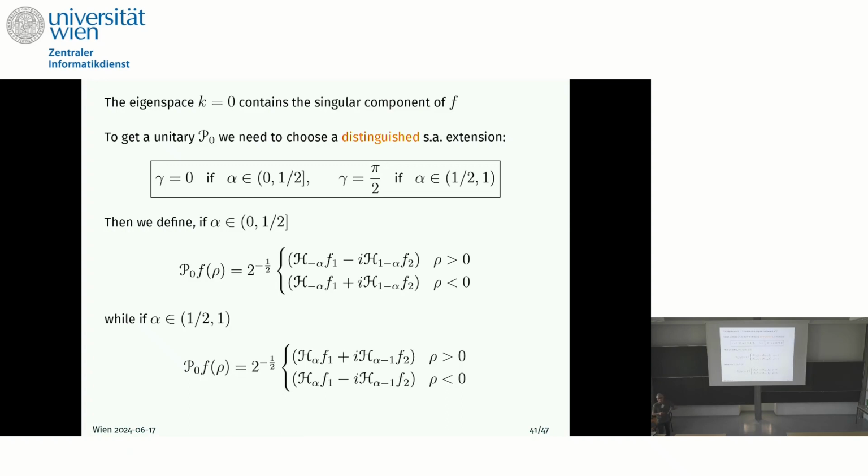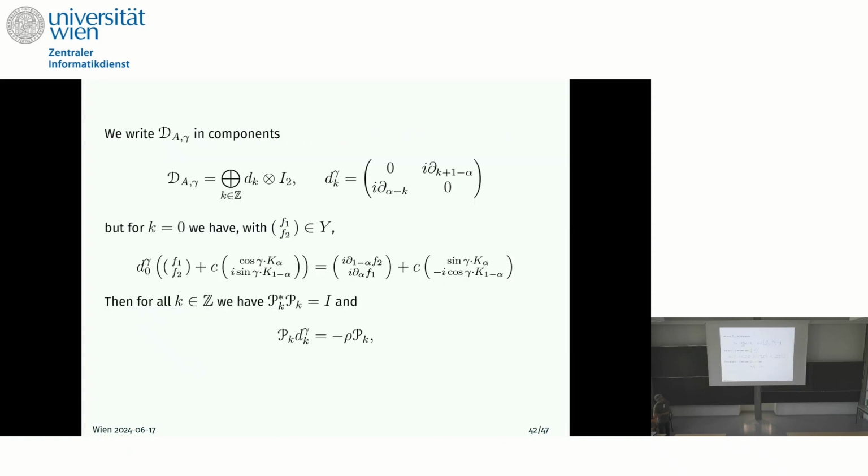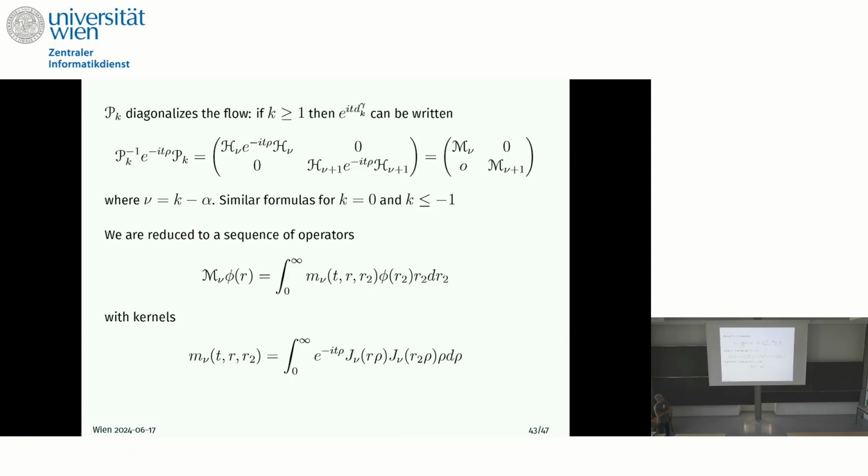For alpha equal 1/2, both are good, of course. So with this operator, which is the original decomposition of the Dirac operator, we get a perfect diagonalization of the operator. So this is the natural tool to represent the solution.